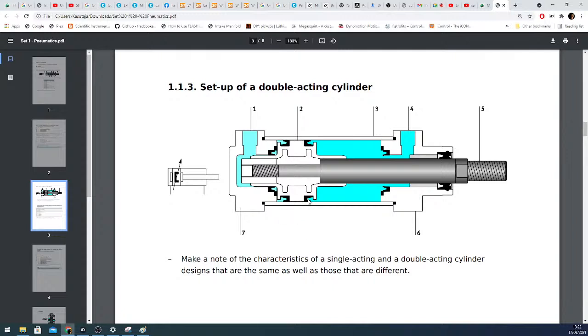So anyways, these black parts everywhere we can see around the cylinder here, these are the different seals used in the construction of the cylinder. So we can see there are also some little seals in the end cap here where the barrel meets the caps.